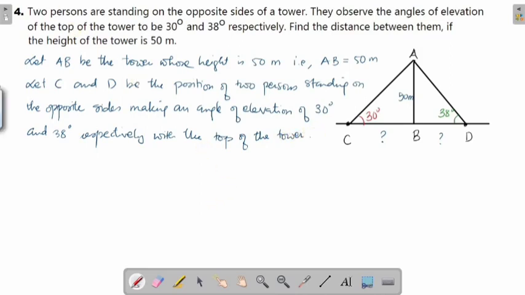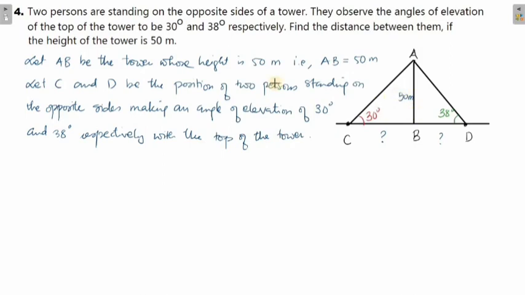Now let's look at triangle ABC. Okay. So in triangle ABC, so see, you need to find BC, no? In triangle ABC, you need to find BC. Now BC is my base, isn't it? So BC is my base and AB is my perpendicular. So using perpendicular and base, you can find tan, isn't it?